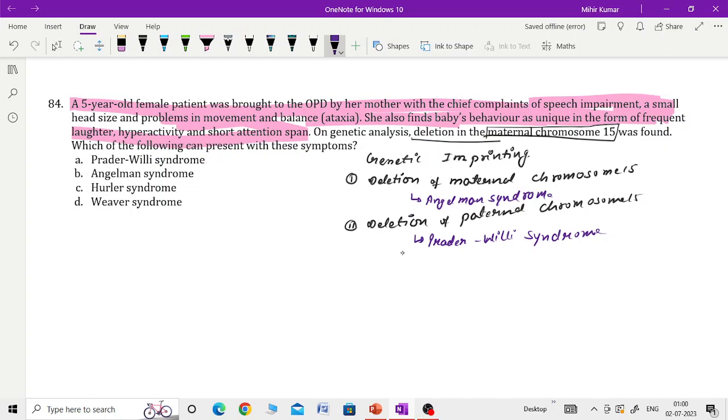In this question they ask the deletion of maternal chromosome 15, which means the syndrome is Angelman syndrome.